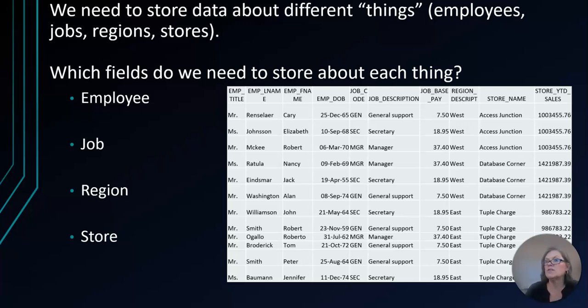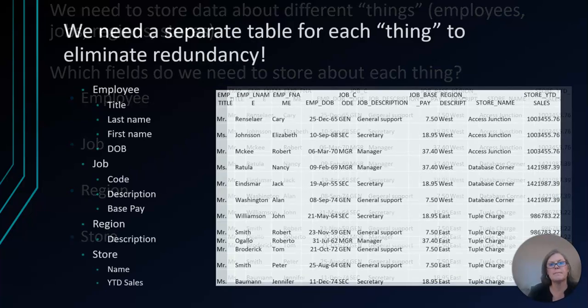So we could have a table that's just about jobs, and the base pay also, just about a job. Then region description, at this point that looks like the only field that's describing a region, but maybe we could just say that there is a west region and an east region rather than listing that multiple times. So let's have a region table. And then the last 2 fields appear to be describing something particular to a store. So we would have a store table as well.